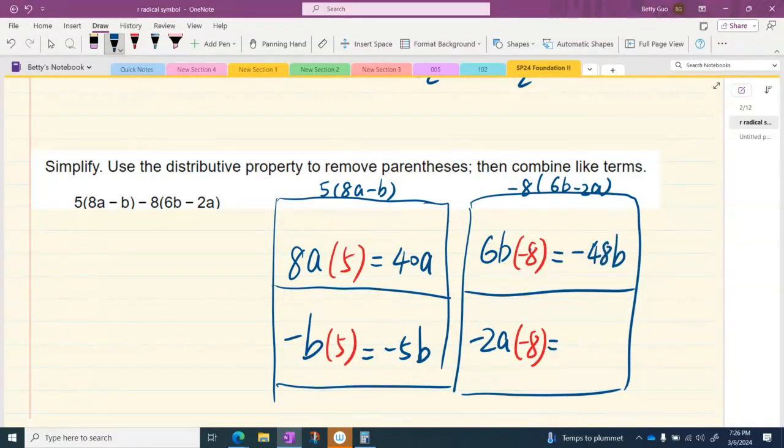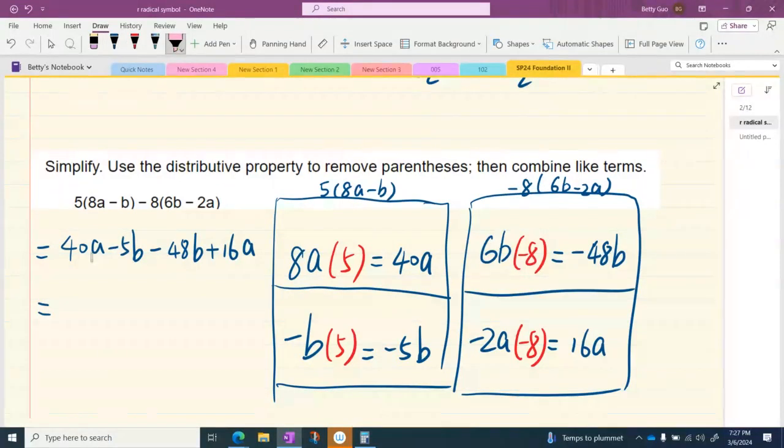And this is positive 16a. So the first part is 40a minus 5b. And the second part is negative 48b plus 16a.